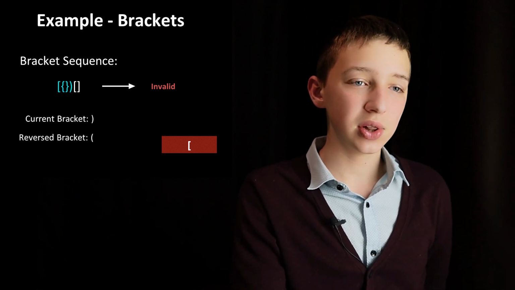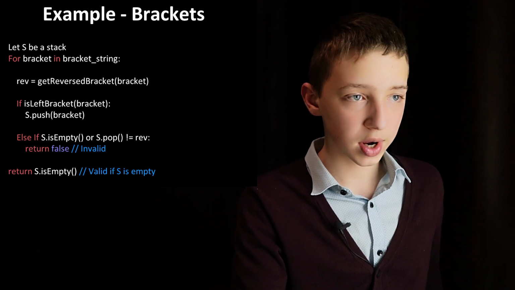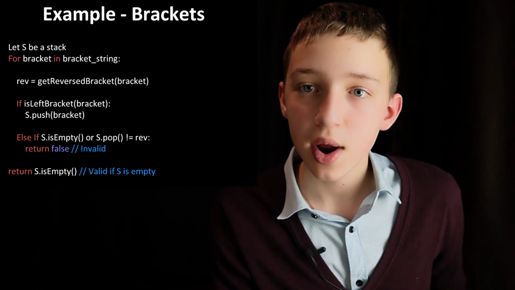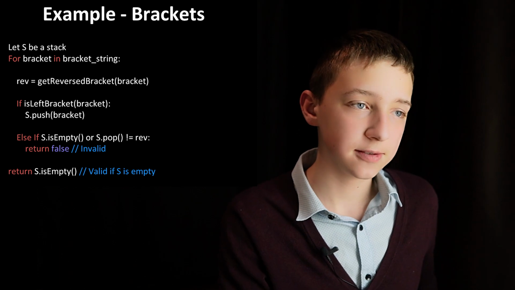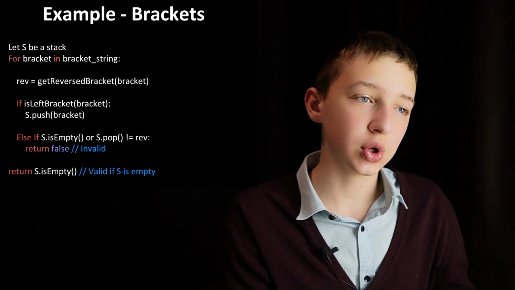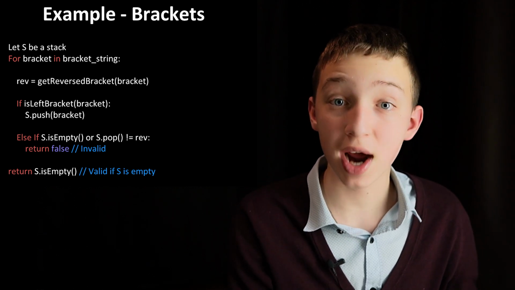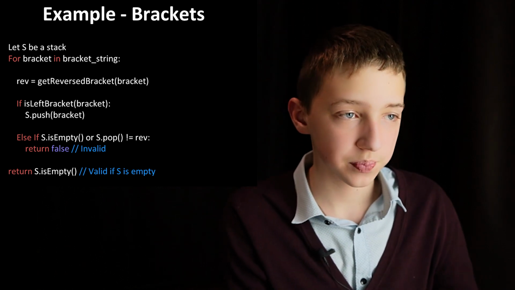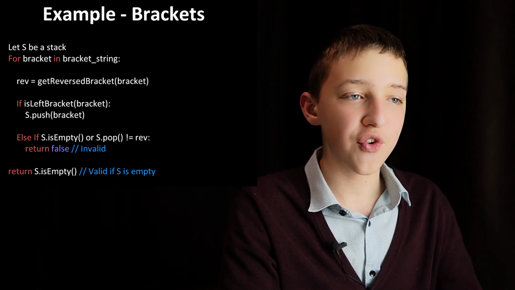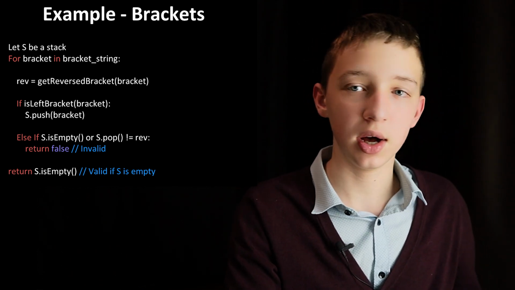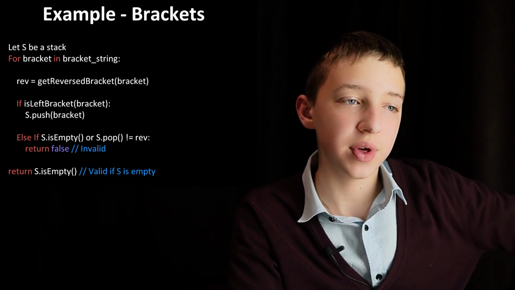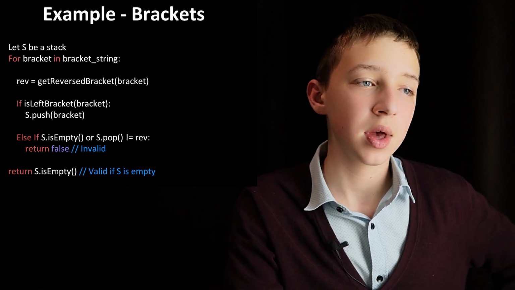Now let's walk through the pseudocode quickly. Let's declare s as a stack and loop over every bracket in our bracket string. First we're getting the reversed value from a function, which we're going to write a bit further on. Then we're checking if our bracket is a left bracket.